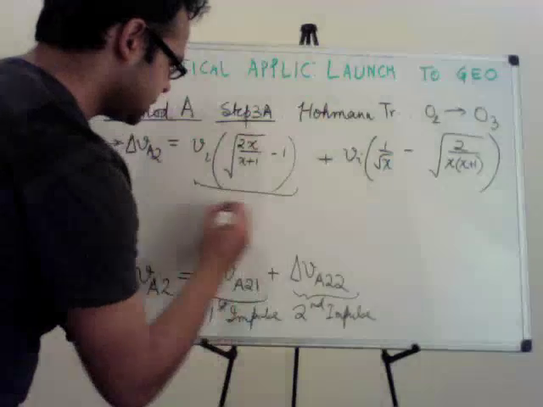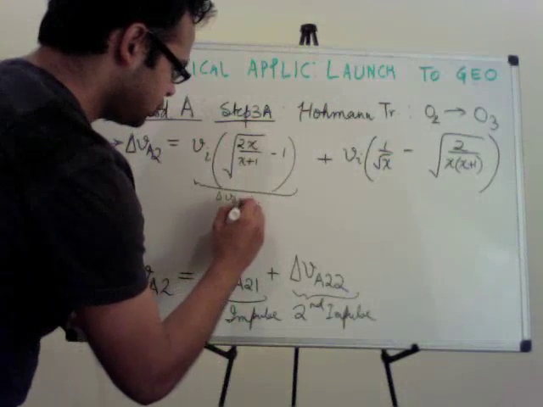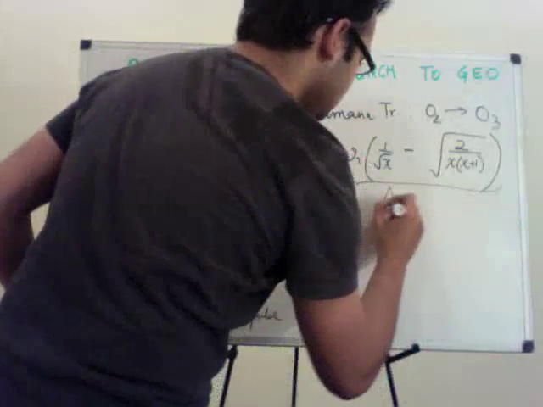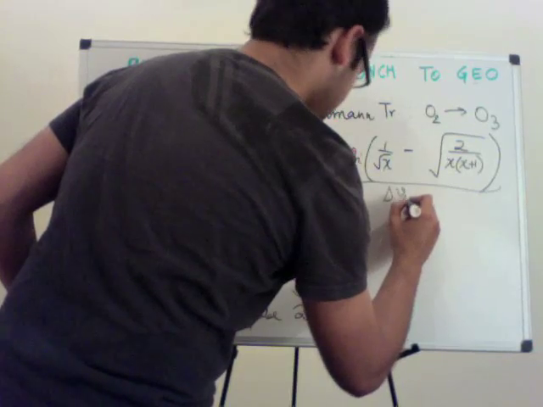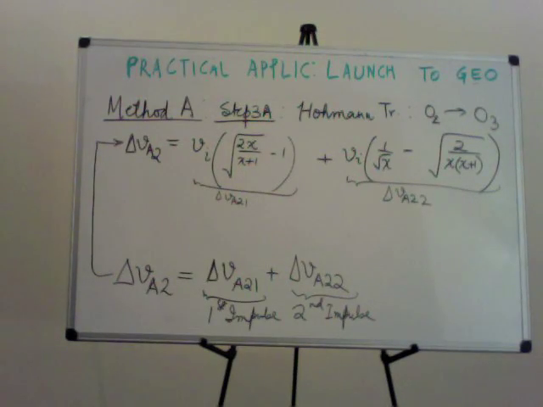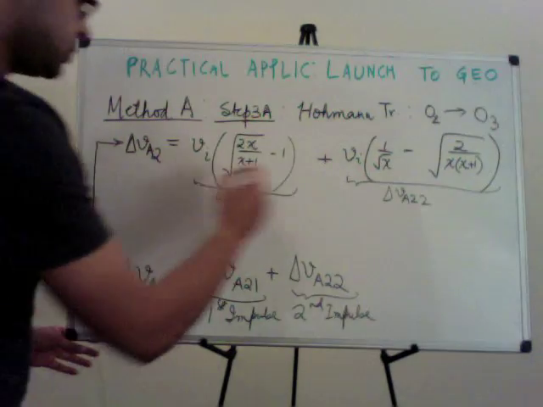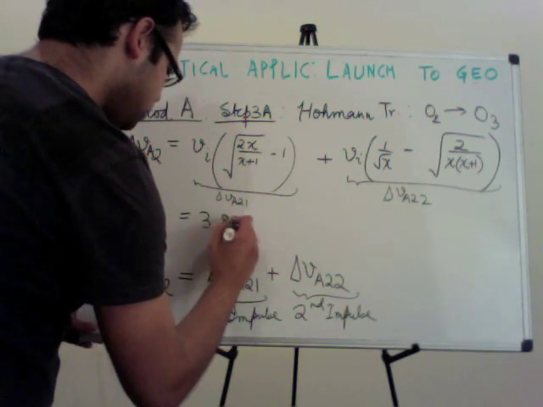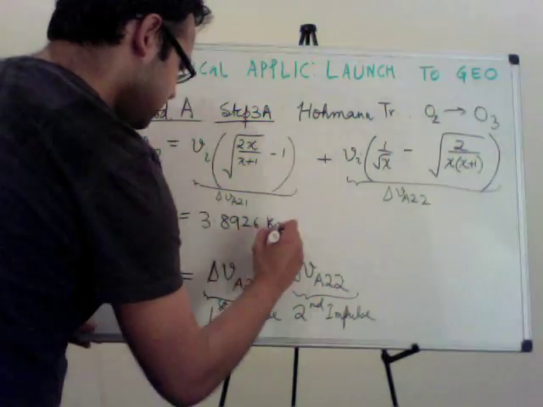Again, this is delta V A21, the first impulse. Here's the second impulse of the Hohmann transfer, A22. So when I add this up, I get 3.8926 kilometers per second.